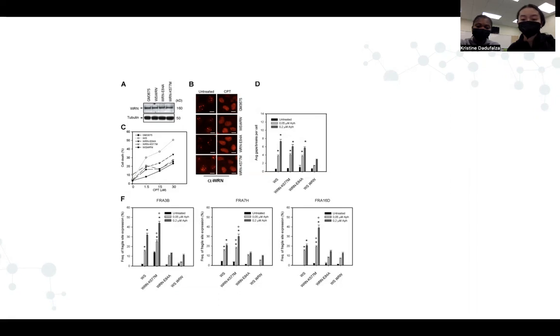In figure D, expression of missense mutant forms of WRN protein in Werner syndrome cells resulted in a significant increase in chromosomal damage after acetylcholine exposure.